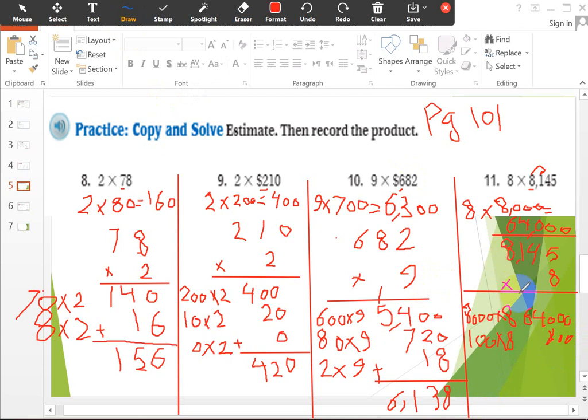Now the 4 in the tens digit will be 40. So I will multiply 40 with 8. 4 multiply 8 equals 32, and put 1 zero next to the answer, so it will be 320. The last thing, 5 multiply 8 equals 40.